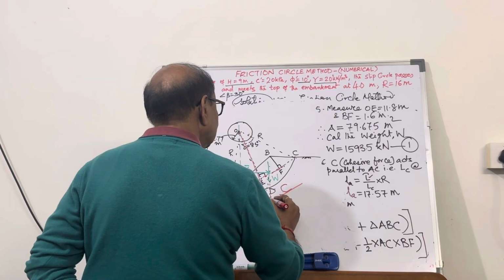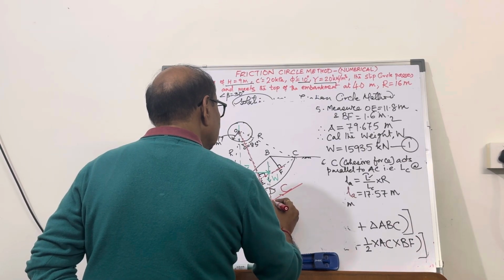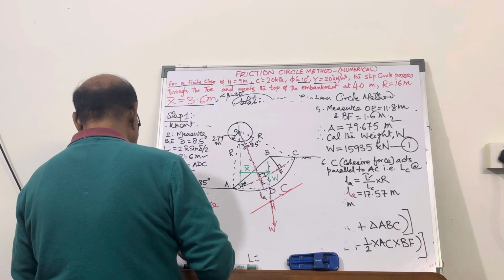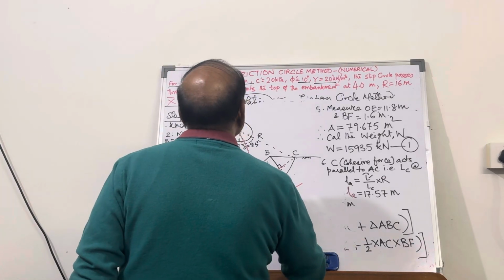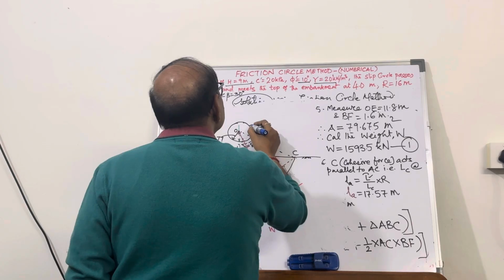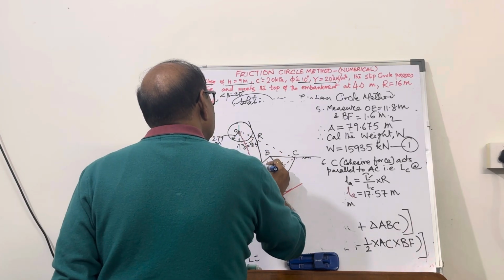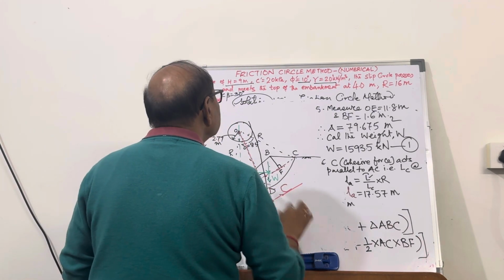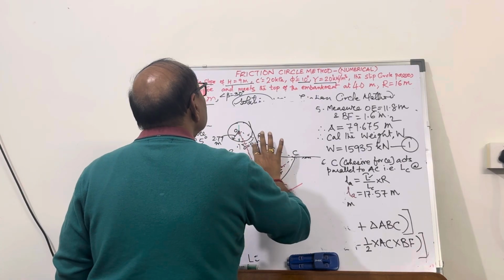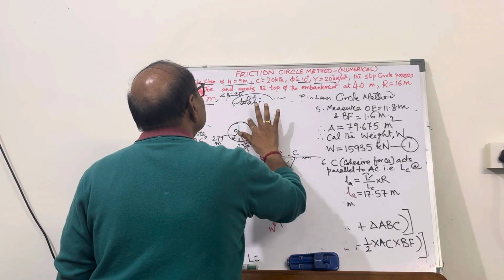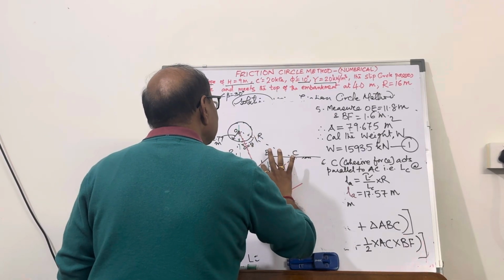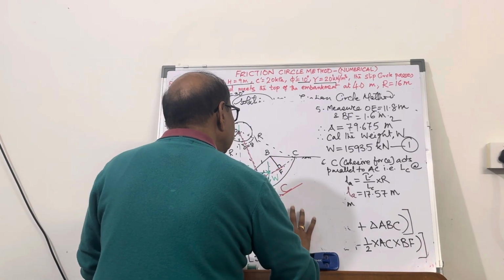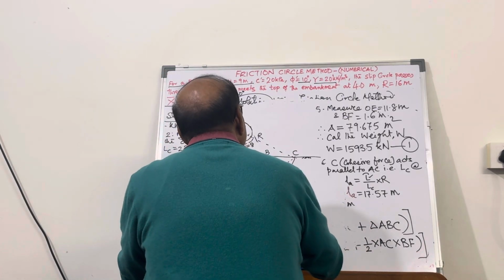Now through H, you draw a tangent. So if you draw a tangent, this straight line that you draw must pass through H and must become tangent to this friction circle, and that is called the resultant force. So we can draw this.